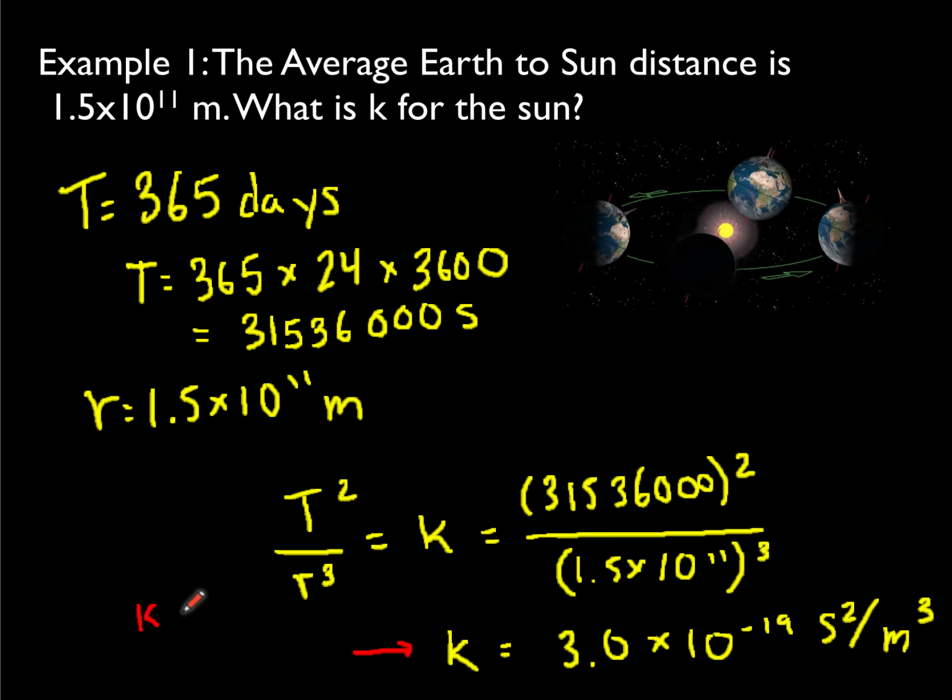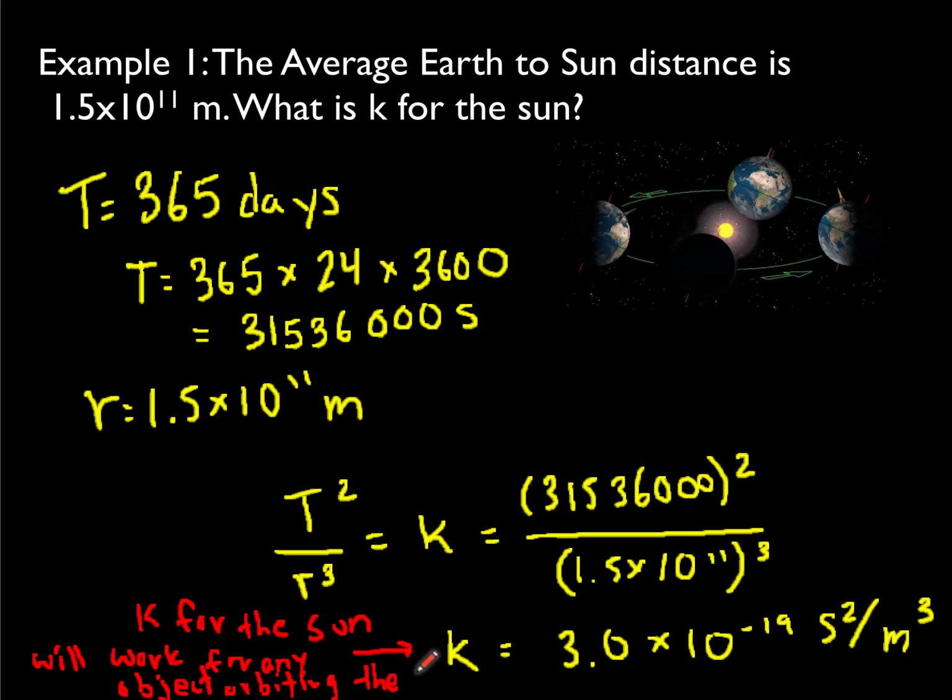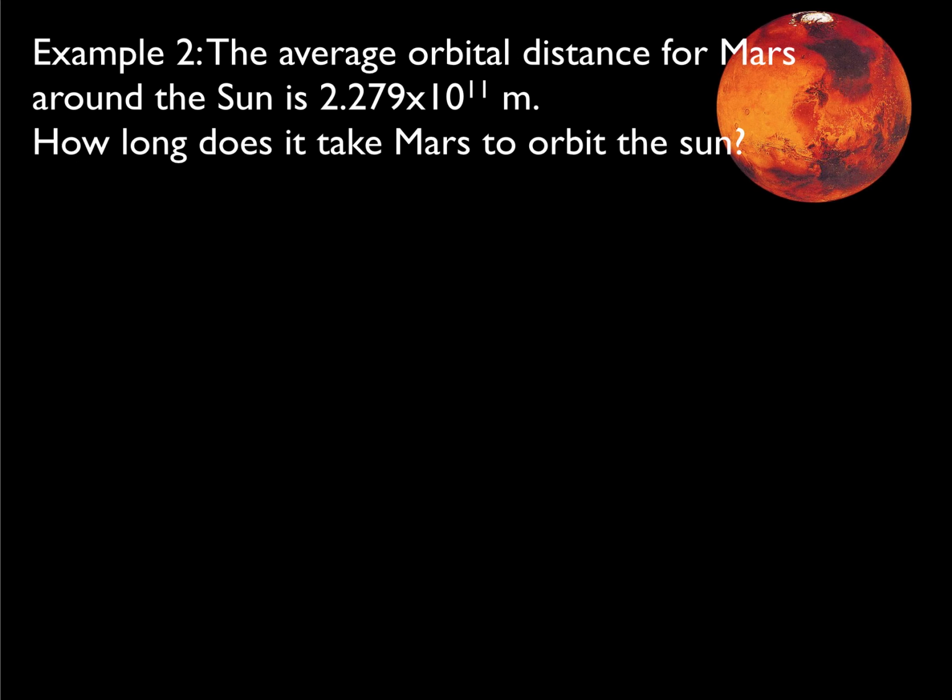This is k for the Sun. We can use this value because it will work for any planet or moon orbiting the Sun. We'll use this in a second example.